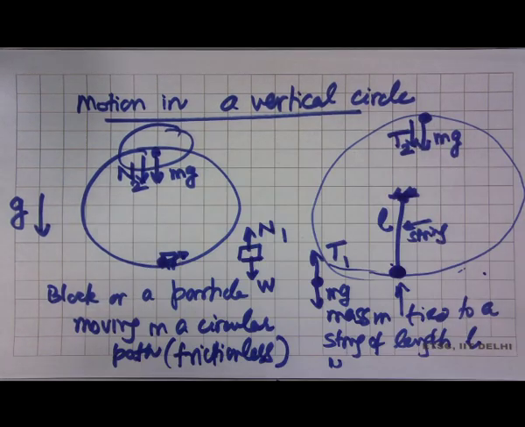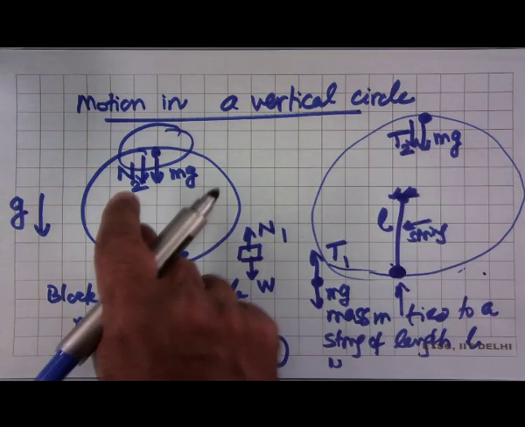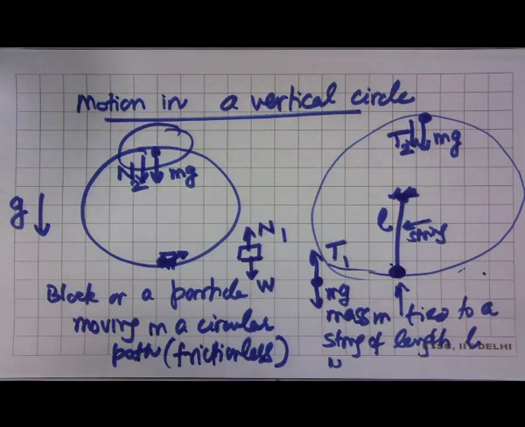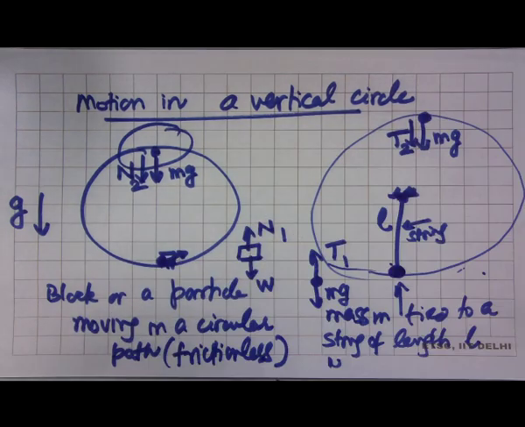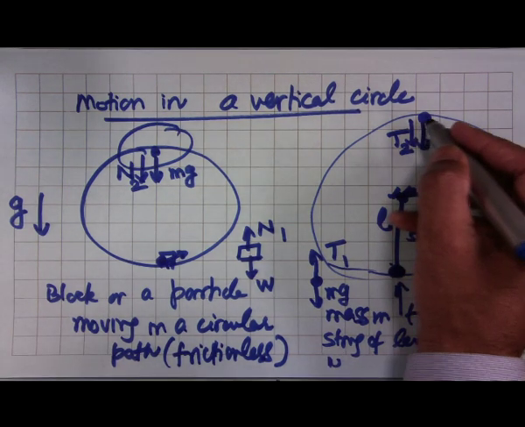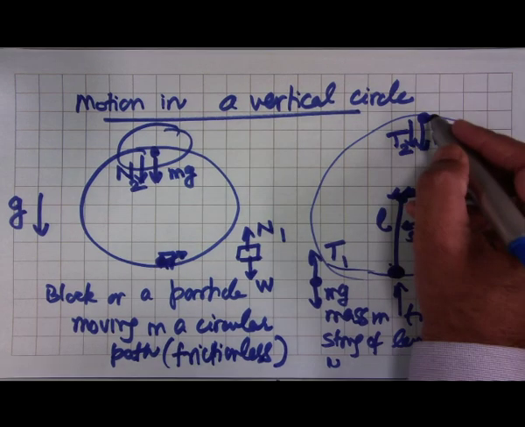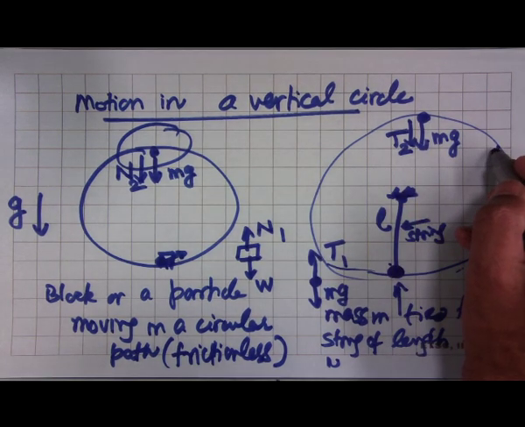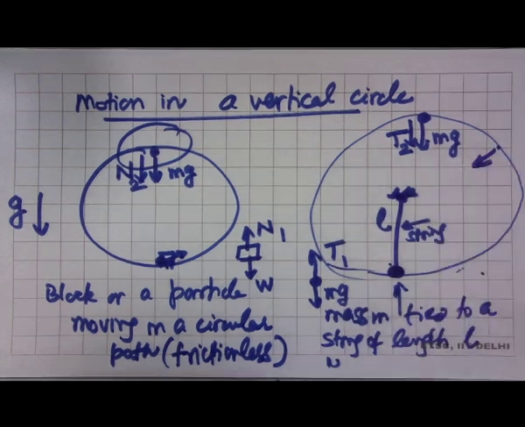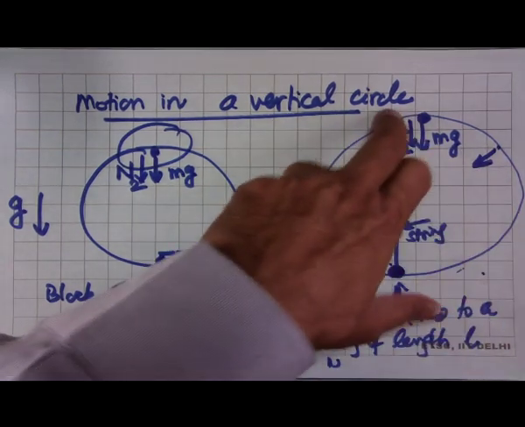So, the limiting condition will be T2 is equal to 0 or N2 is equal to 0, not V2 is equal to 0 in these cases, because before V2 becomes 0, you will find the tension becomes 0 somewhere.